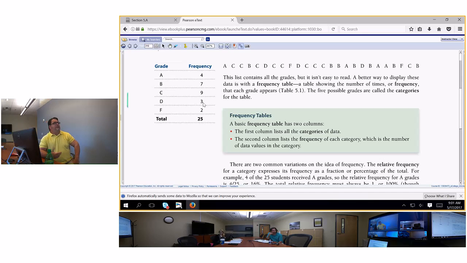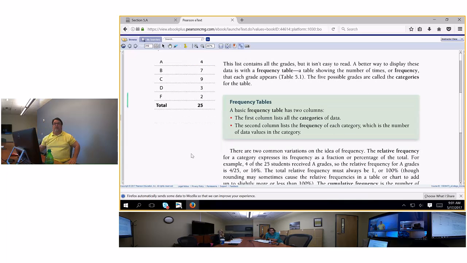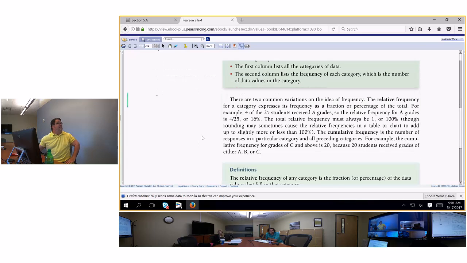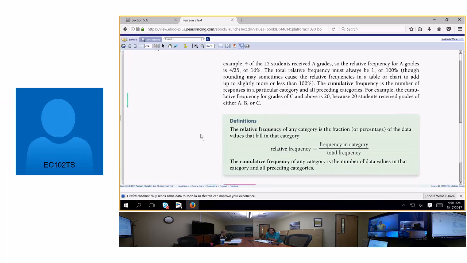So 4 over 25 fraction would turn into a decimal, which you could turn into a percent. 7 over 25, 9 over 25, 3 over 25, and 2 over 25. And that's a relative frequency of your frequency table. I like that. And put your pinky up. Putting on airs.